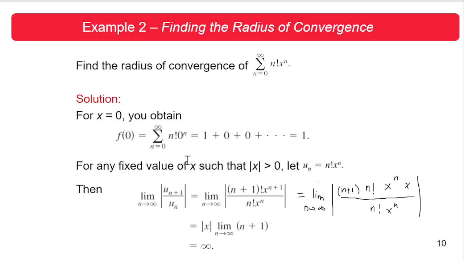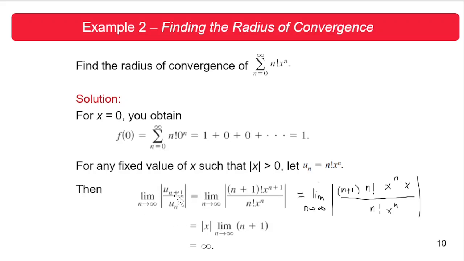Next, we need to check whether the series converges or diverges for some other value of x. Let's say for any fixed value of x such that the absolute value of x is greater than 0, we let the nth term of this series be u sub n, equal to n factorial times x to the n. To check whether the series converges at this specified value of x, we use the ratio test for absolute convergence. We evaluate the limit of the absolute value of u sub n+1 over u sub n as n approaches infinity.